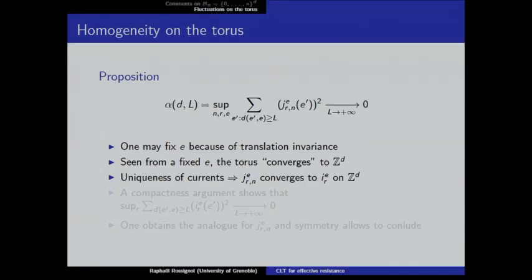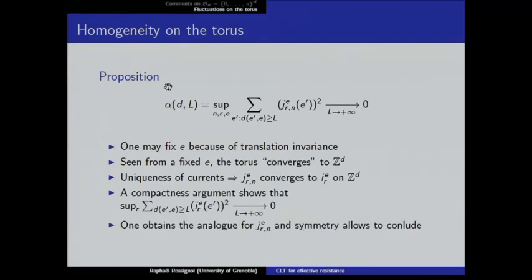Here, thanks to uniqueness of currents and to this convergence of the torus to Z^d, you can show that what played the analog of the second partial derivatives of the flow on the grid, on the box, will here converge to the optimal flow from E minus to E plus on Z^d.